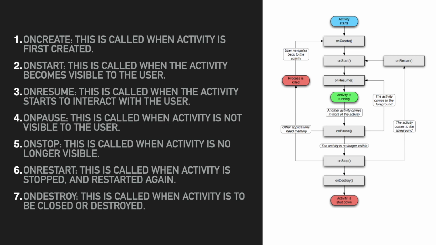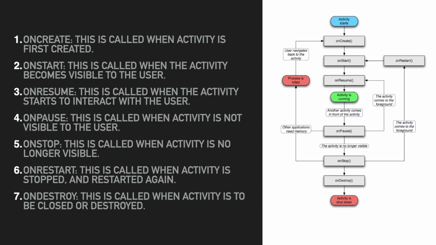Then comes onResume, which is called when the activity starts to interact with the user. First is when it is created, second is when it is visible to the user, third is when it starts interacting with the user. These are the three important ones.